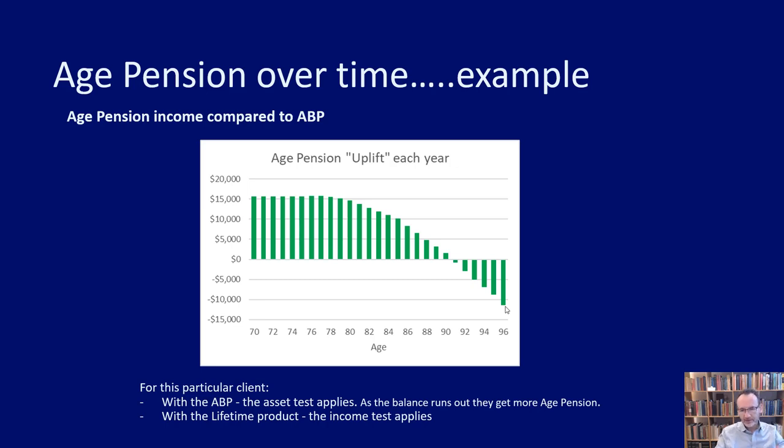That's mainly because the lifetime product's paying quite good income in those higher, older years, and the income test sort of bites. Whereas with the account-based pension, the balance is starting to run out.